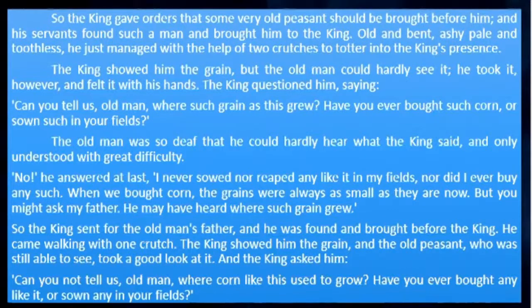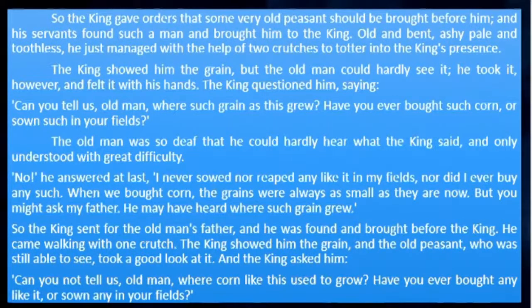"No," he answered at last. "I never sowed nor reaped any like it in my fields, nor did I ever buy any such. When we bought corn, the grains were always as small as they are now. But you might ask my father. He may have heard where such grain grew."